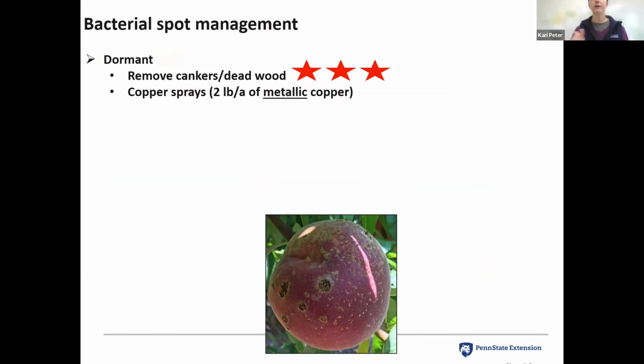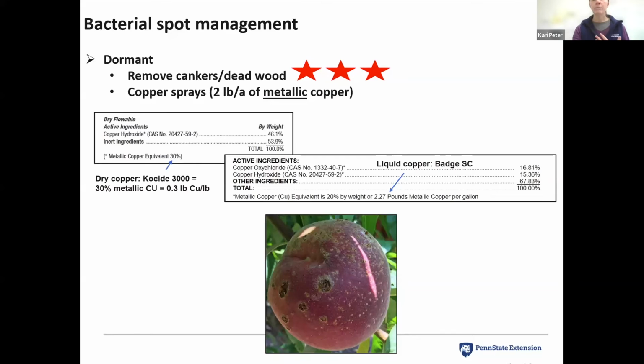Remember that metallic phrase? The other thing you want to be doing is removing any dead cankers or dead wood in your trees as well. So again, metallic copper. I did a screenshot of the labels here. You want to be looking at that metallic copper information that I discussed a little bit earlier. In this case, for Cuprofix, the equivalent is 30%.